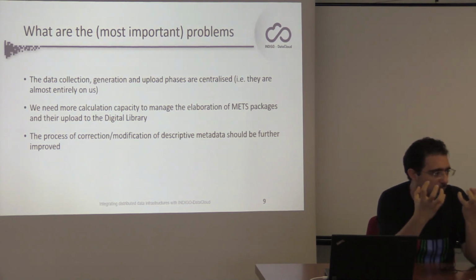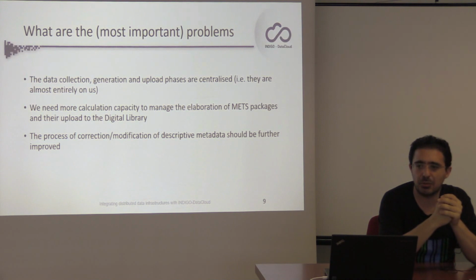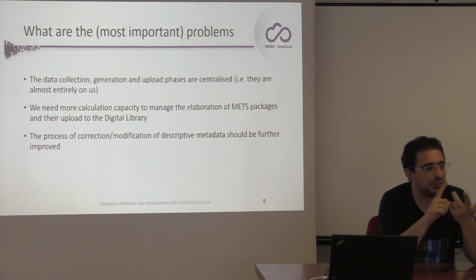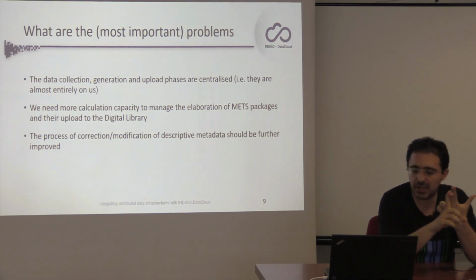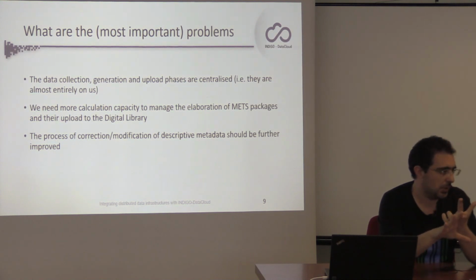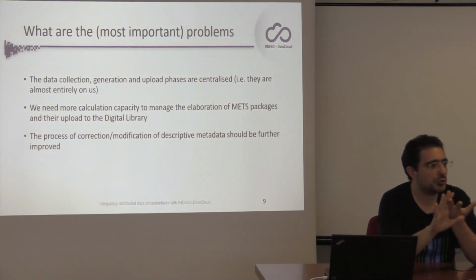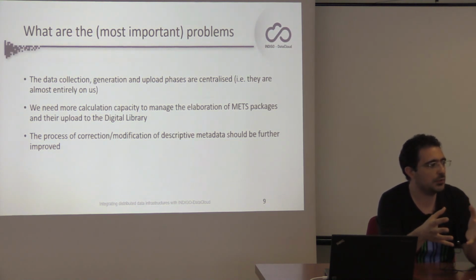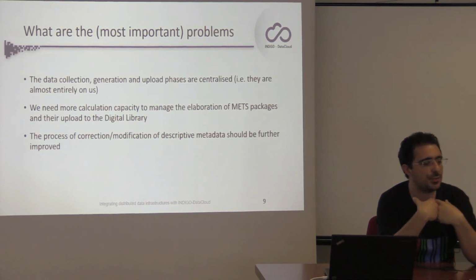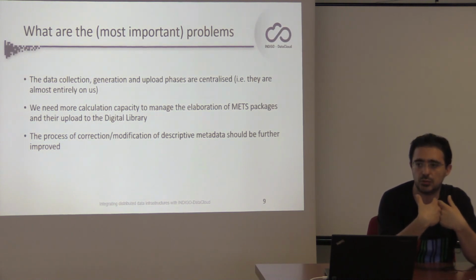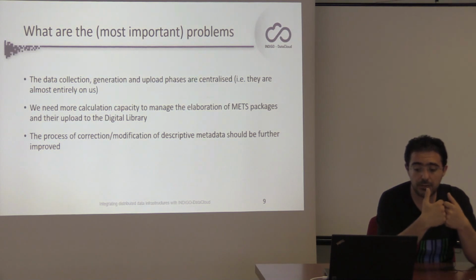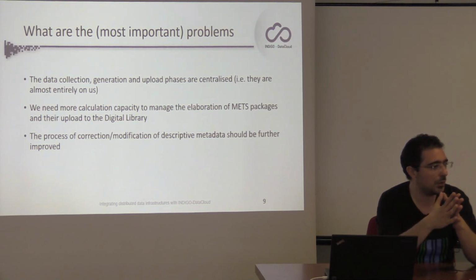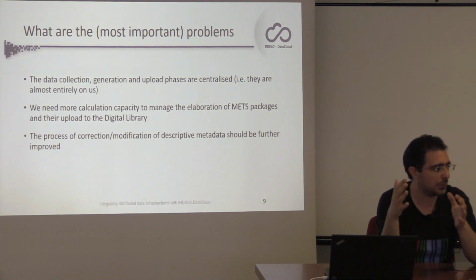I'm going to what you are probably really interested in. So the data collection, generation and upload phases are almost entirely on us. When I said that the institution actually can do this, they do it, but then they need to anyway pass through us in order to upload their data to the repository. We need more calculation capacity in order to scale our work and the elaboration of METS packages, and so also the uploads.